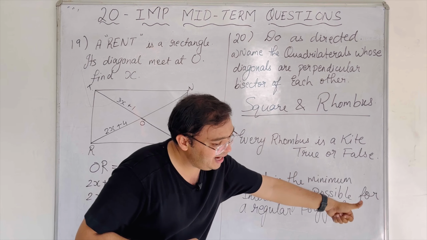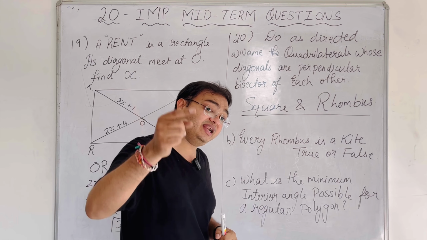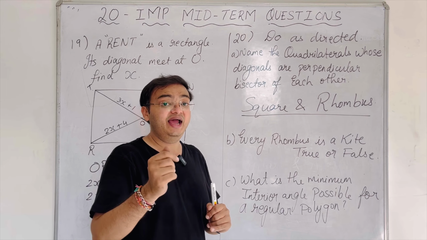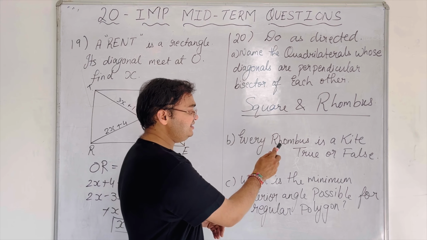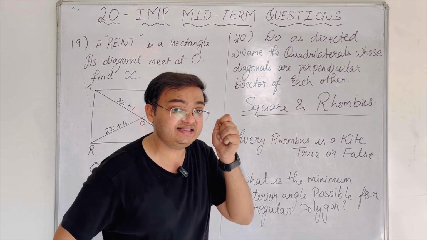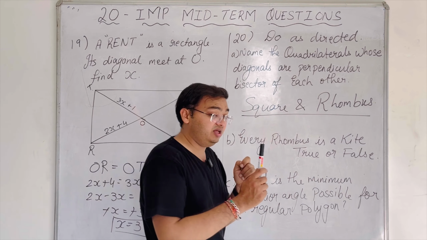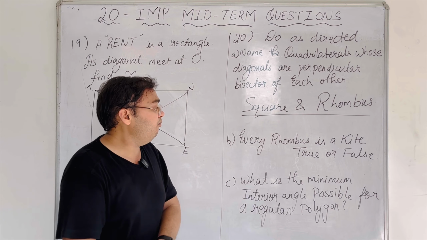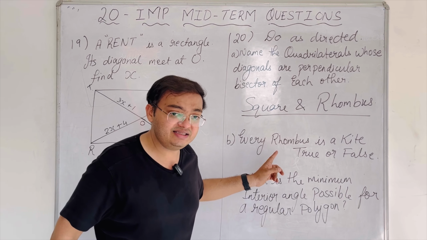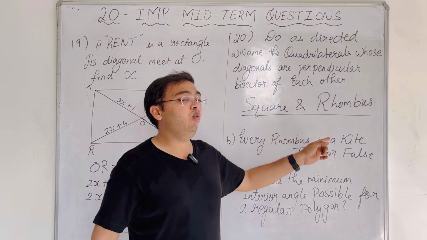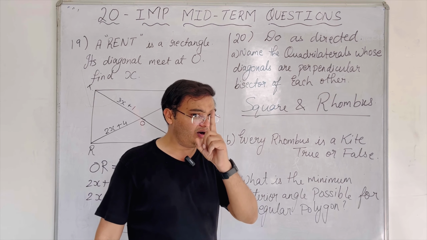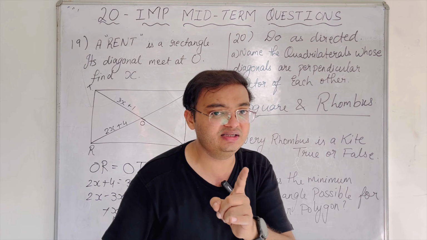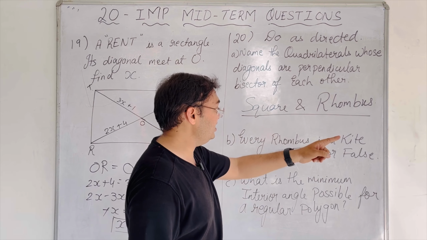If I talk about a kite, in a kite also adjacent sides are the same, just as I said in the rhombus. Moreover, opposite angles are the same in the rhombus, and in the same way one pair of opposite angles are the same in a kite also.